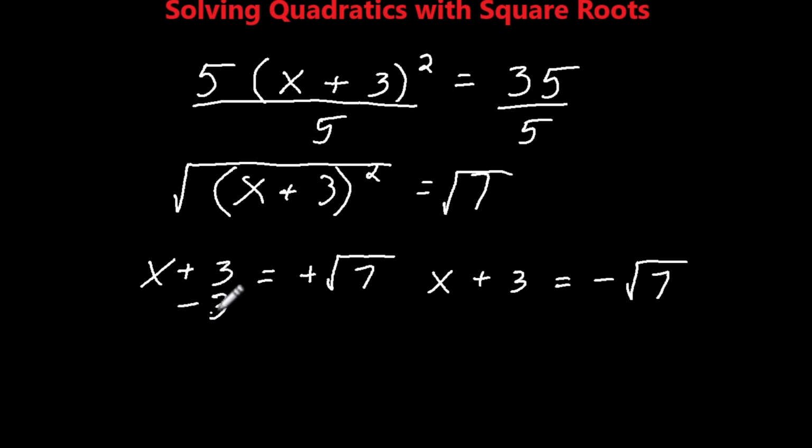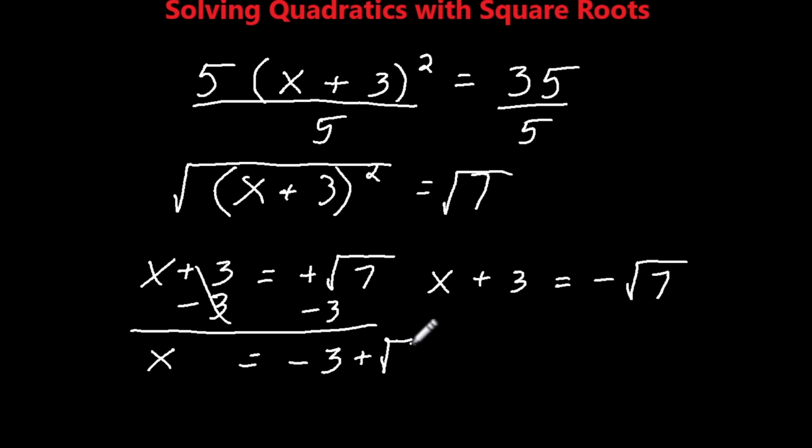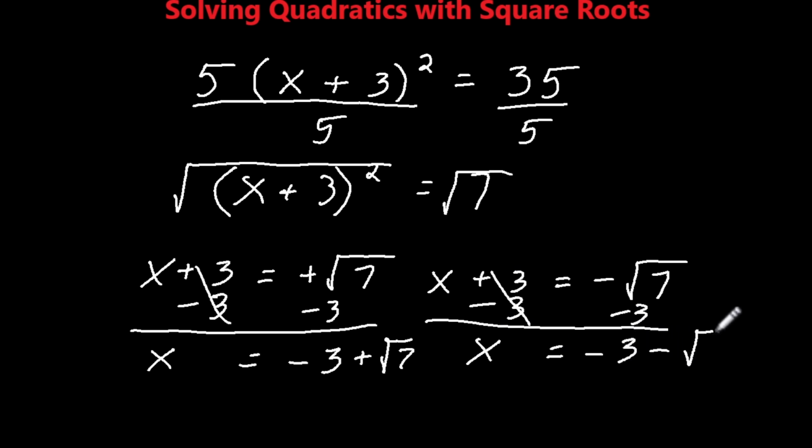When I do that, one of my solutions is going to be minus 3 plus radical 7. And over here, I'm going to have x equals minus 3 minus rad 7. And these are the two solutions.